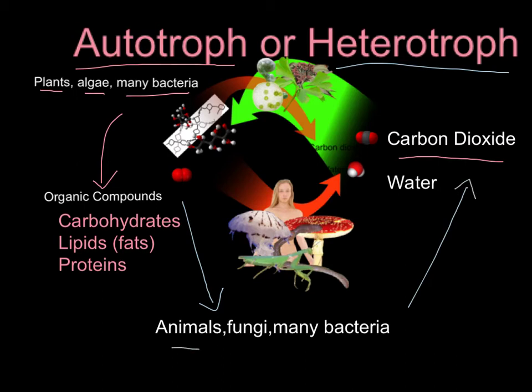So animals, fungi, and many different types of bacteria use those organic compounds that autotrophs make in order to have energy. They then release carbon dioxide back into the environment, which the autotrophs will then use in order to continue the cycle.